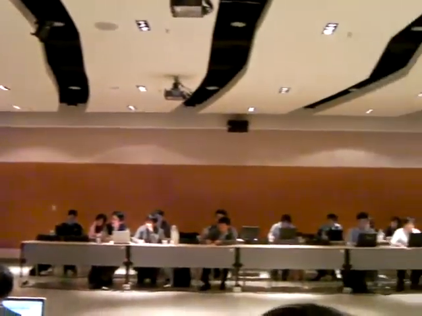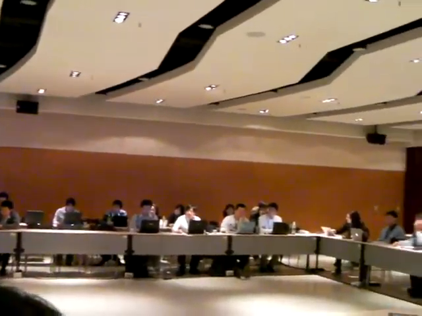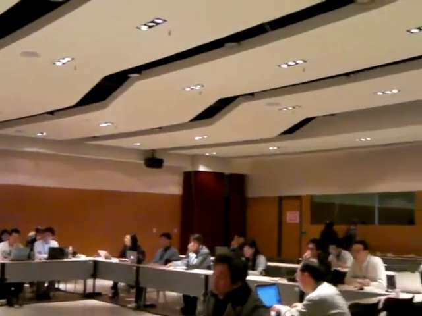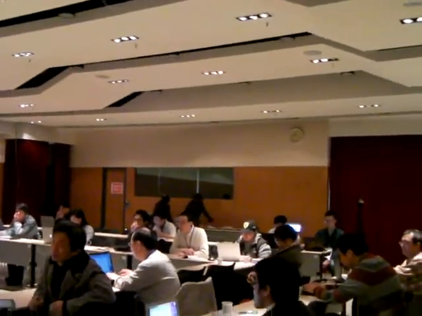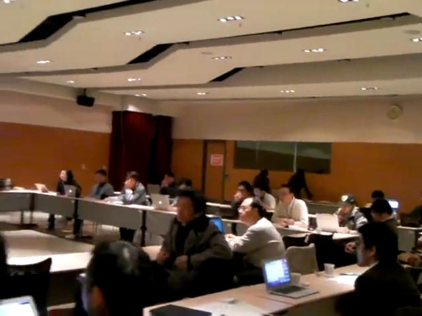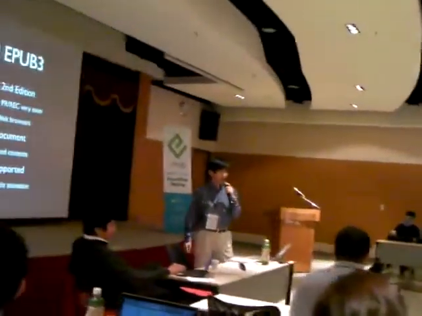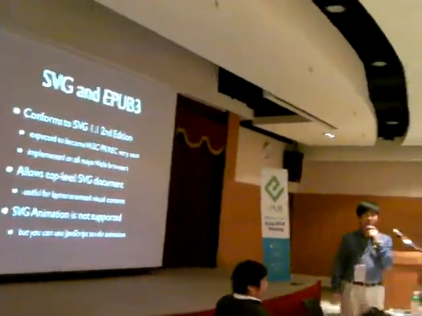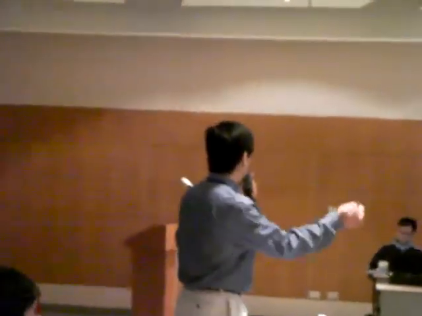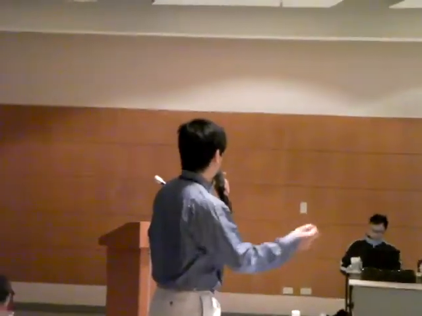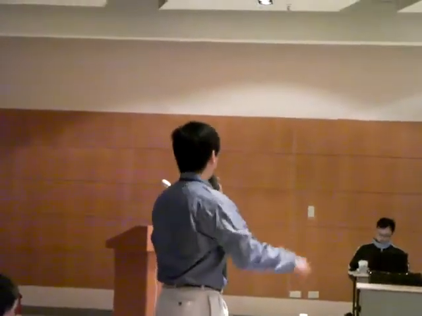Another important point for EPUB 3 is that it allows the use of SVG as a top-level document. In EPUB 2.0, you can use SVG, but only as a graphic format, which has to be referenced from an XHTML document.